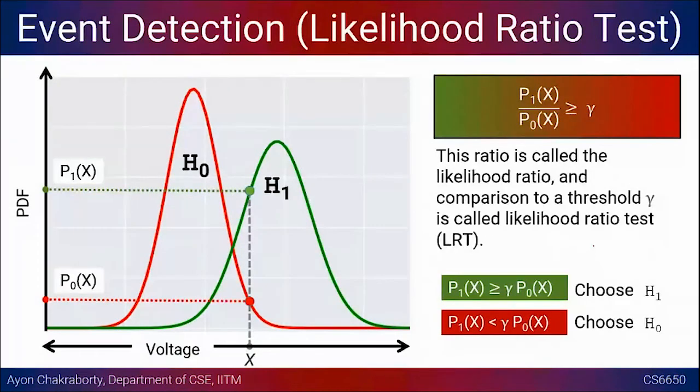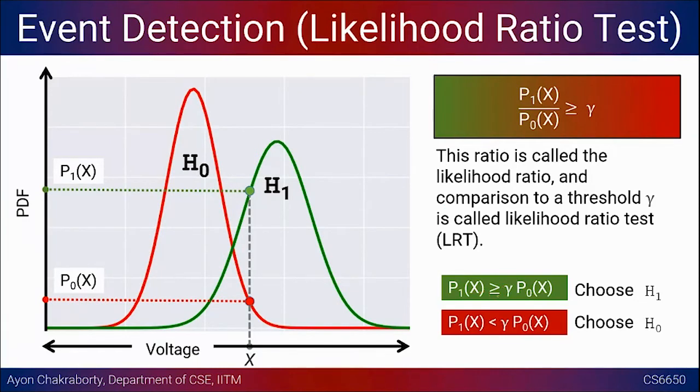The other way is something known as the likelihood ratio test, where we take the ratio of these two, P1(X) and P0(X), and if it is greater than a particular threshold gamma, then we do the same thing.